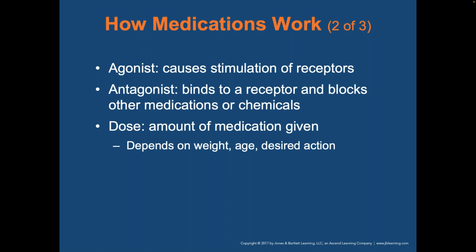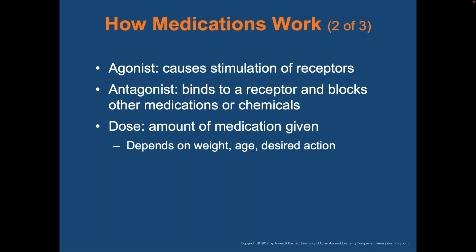The dose is the amount of medication that is given, which depends on the patient's weight, age, and desired action of the med. So what we're going to be administering as far as the EMT level goes, as far as patient's age, there's not much we're really going to deal with age-wise other than epinephrine or ages where they cannot receive a medication like nitrates, such as a pediatric.